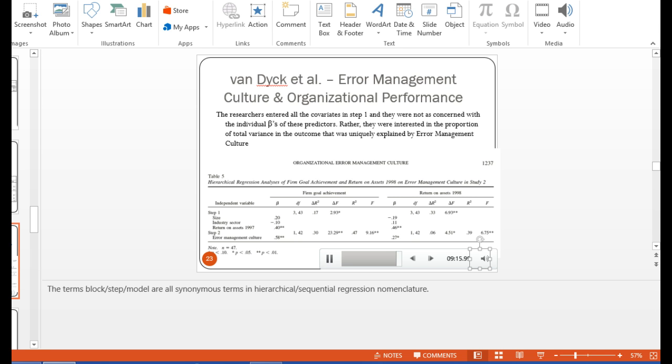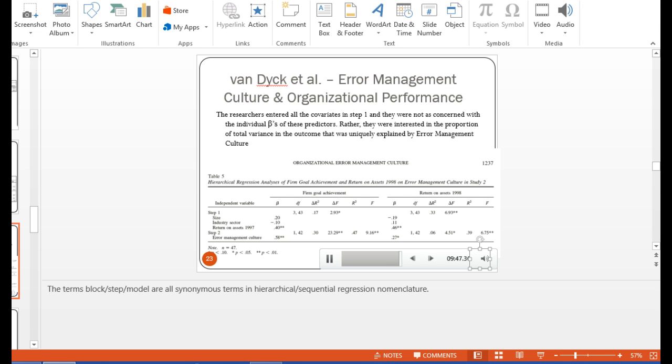So take a look at this table, understand all of the elements. I would say don't worry so much about the change in F, but the rest of it, know what it is, know what it represents, and look that through and just become very familiar so that these strange things don't seem so foreign. Like, for example, the change in R squared is often denoted as a delta R squared. That just means change in R squared, in case I haven't mentioned it before.